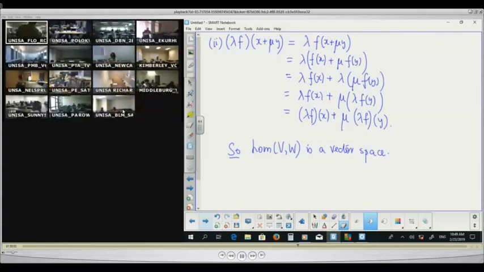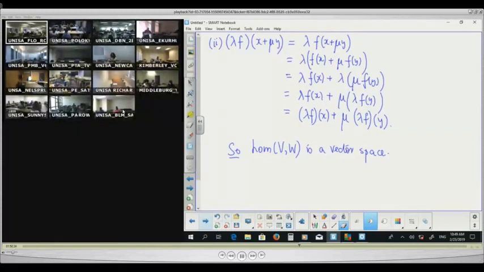So, see the parallel. It's very nice. We had sets, then we had functions between sets. Between any two sets, there was a set of functions from X to Y. See, replace sets by vector spaces. We have vector spaces. Instead of functions, we now have linear transformations.